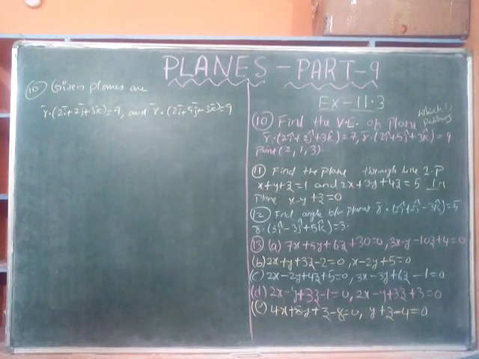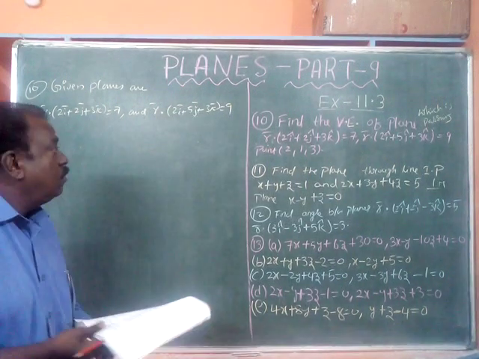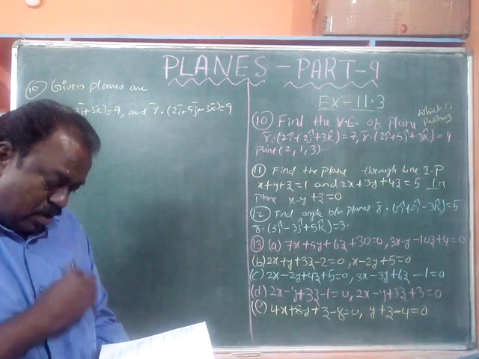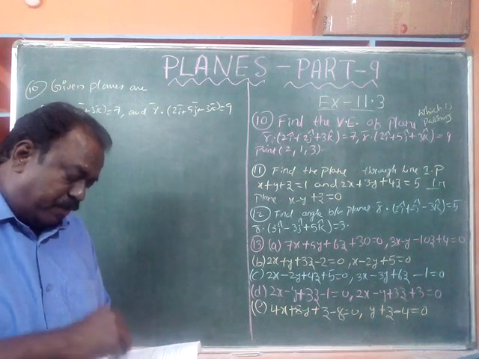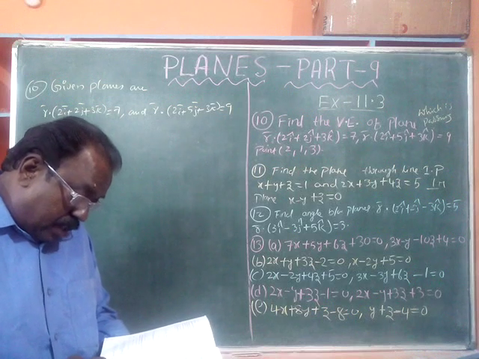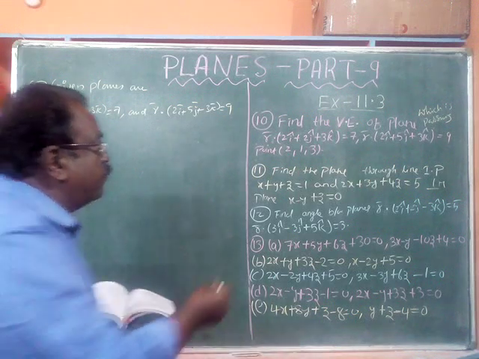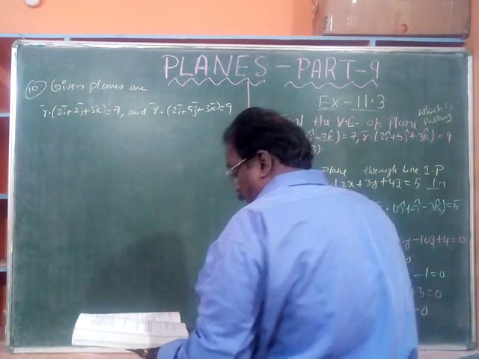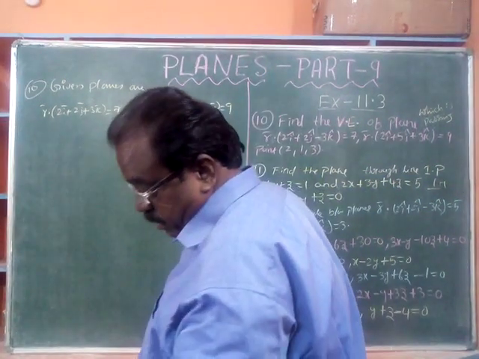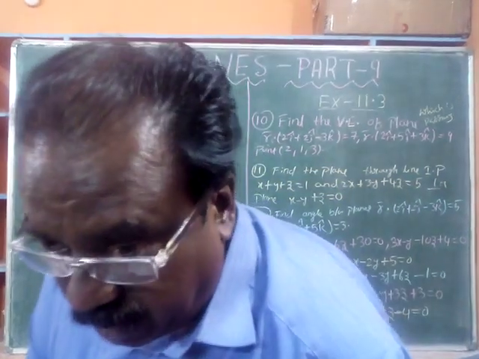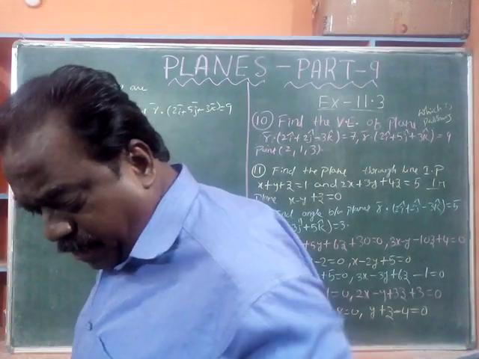Just wait, I have some doubt whether the question is correct. The 10th problem has minus 3k. Yes, it's minus 3k. Now it is okay.